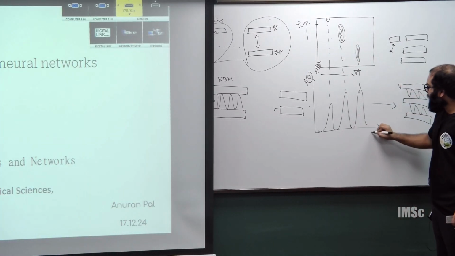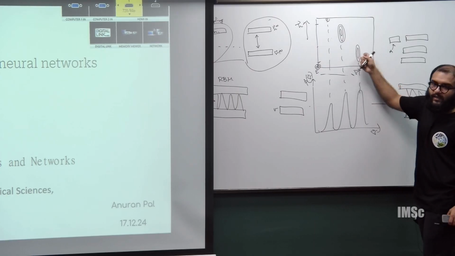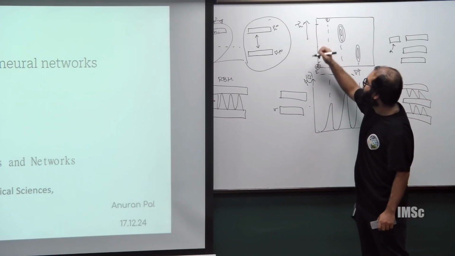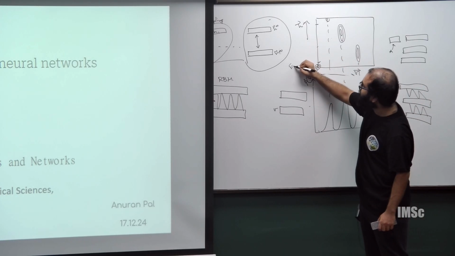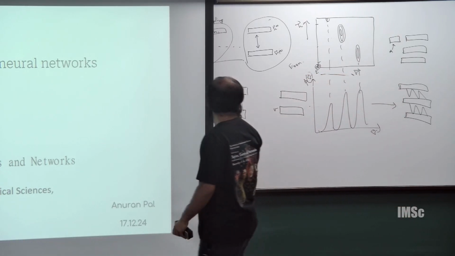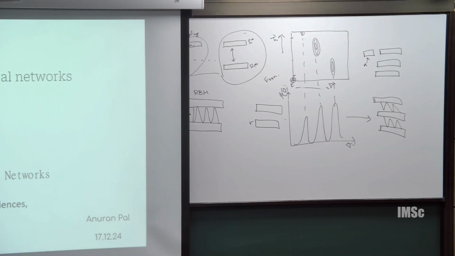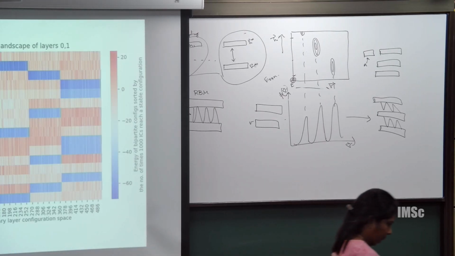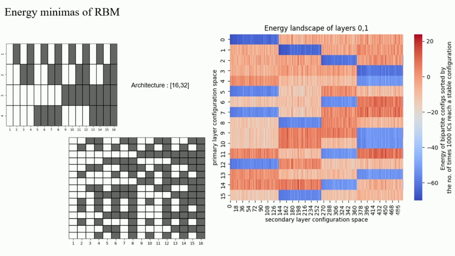So that will be your P of v vector versus v vector, and it's stored like this in the energy landscape with the help of the hidden units. The energy is given by the RBM, the cross connections. So this is essentially the energy minima of the RBM.